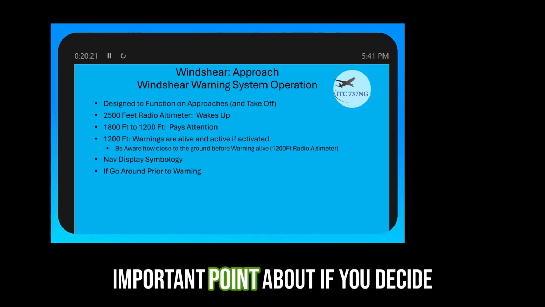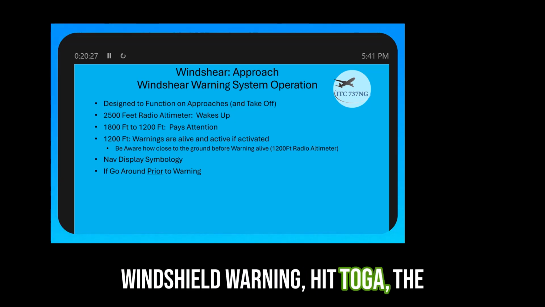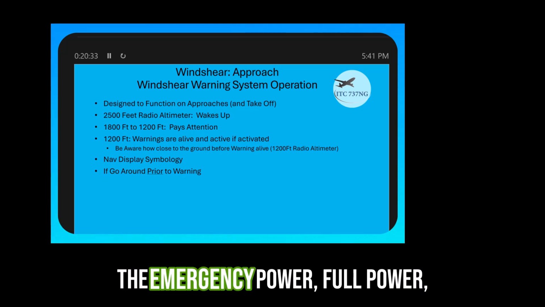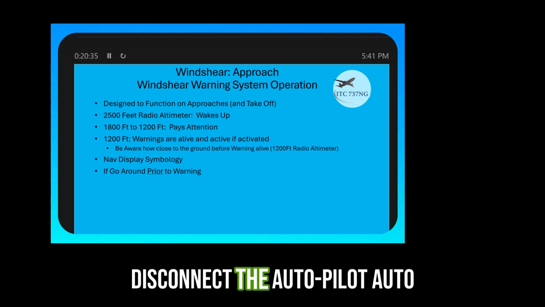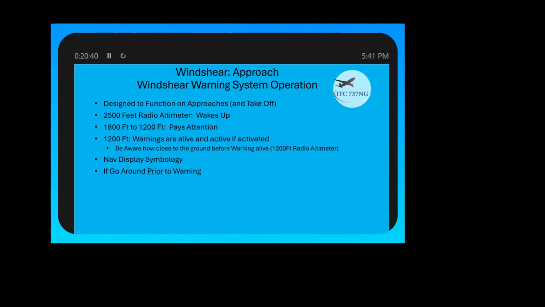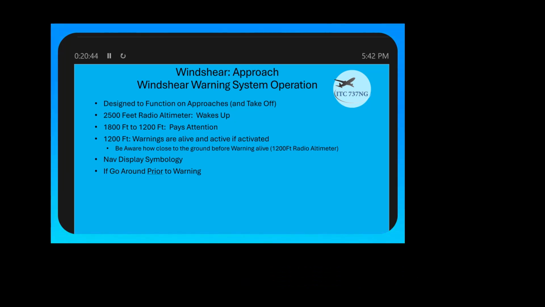So here's the important point: if you decide to go around prior to getting a Windshear warning, hit toga, use emergency power, full power, disconnect the autopilot and auto throttle, and when you get the warning, hit toga again.